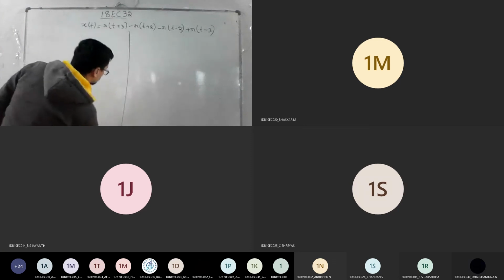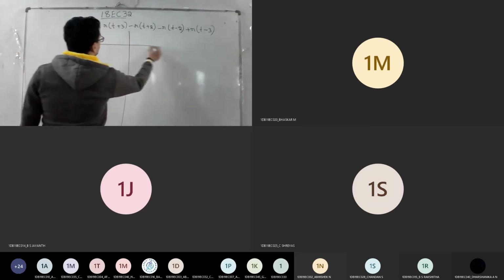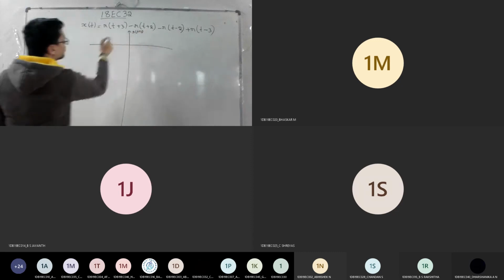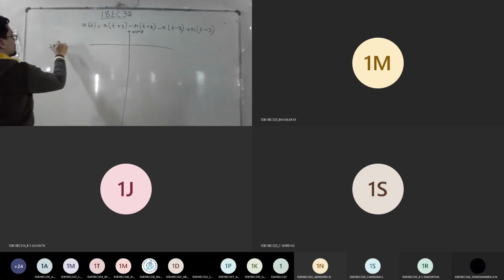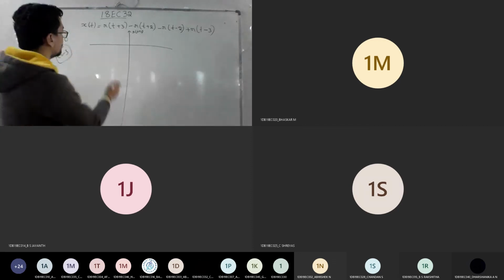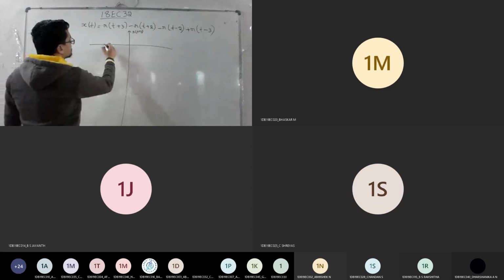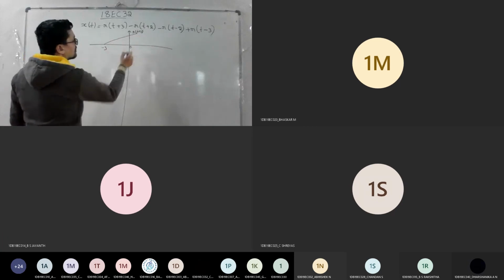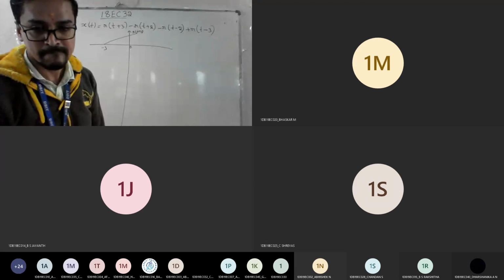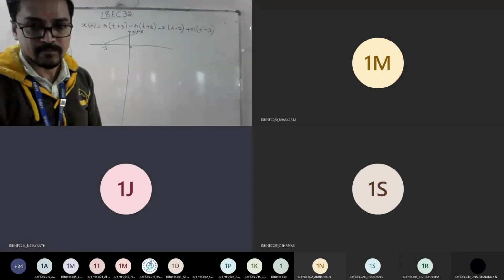So we'll put one line here. Let me write the first one, r of t plus 3. What I told, if t plus 3 equals 0, it means the waveform starts from minus 3. So can I write the waveform from minus 3 in this way? It goes towards infinity, there is no amplitude. Agree everyone? Yes, sir.